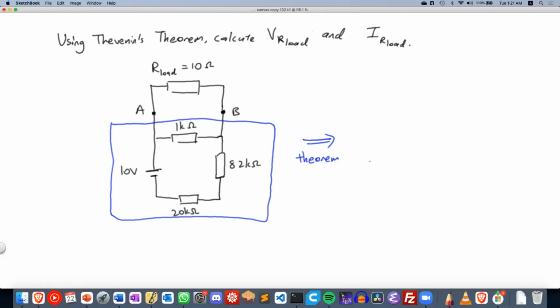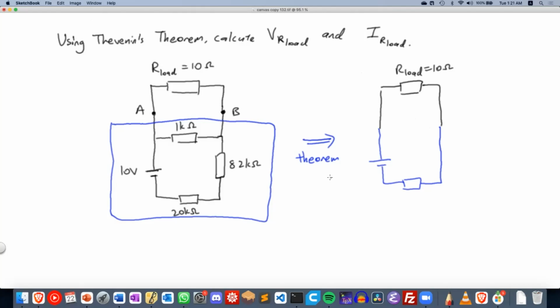By Thevenin's theorem, he claims that we can replace the blue circuit with just a single voltage source and a single resistor, like this.